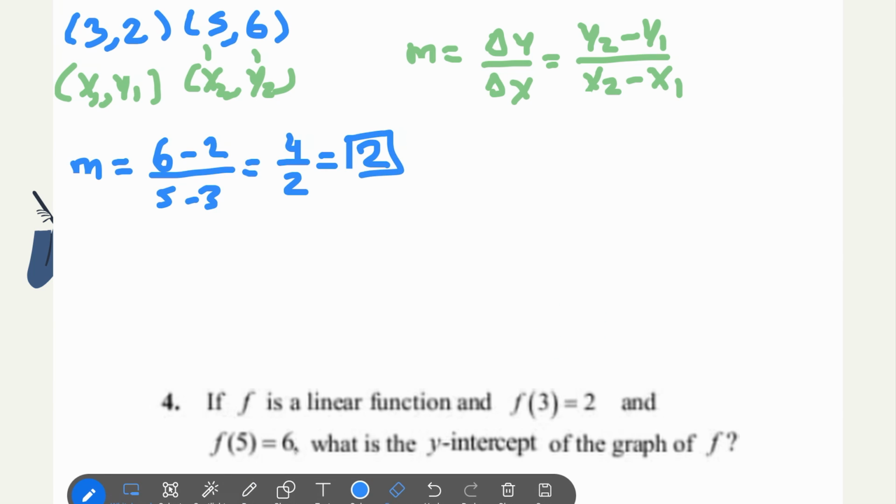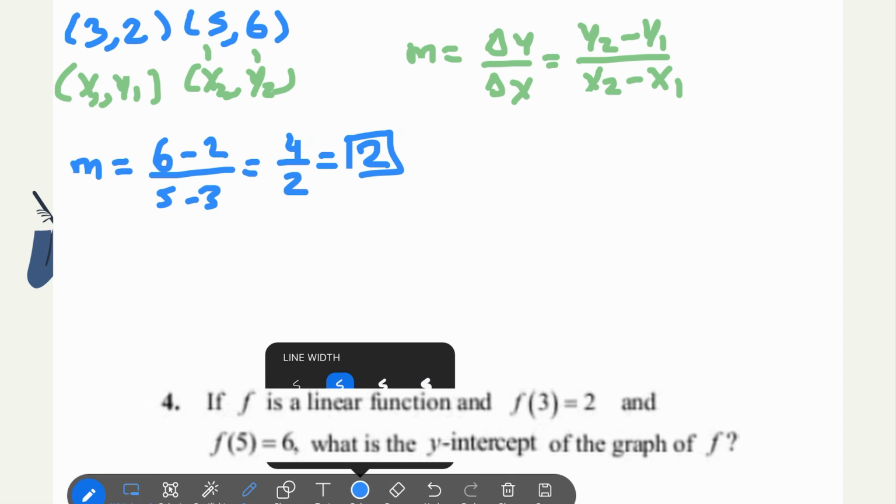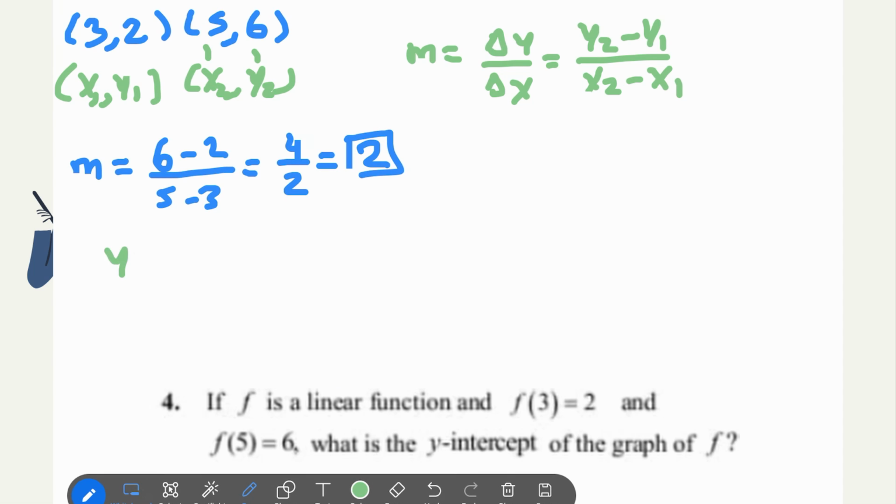So now we can try to work with our slope intercept form and plug in the values that we know. Let's just remember what is the slope intercept form, and it is just y equals m times x plus b. But remember that we already know what is the value of the slope.